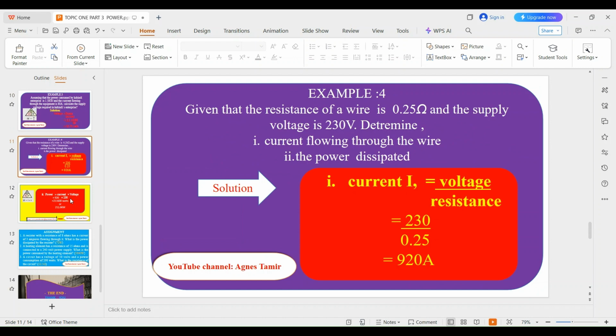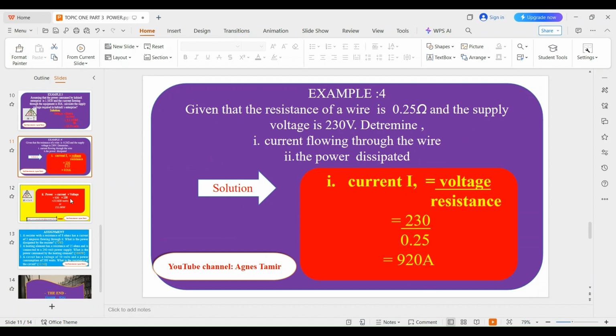In our example 4, we are given that the resistance of a wire is 0.25 ohms and the supply voltage is 230 volts.